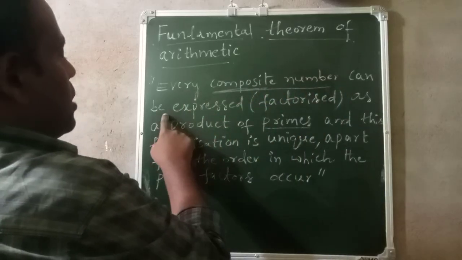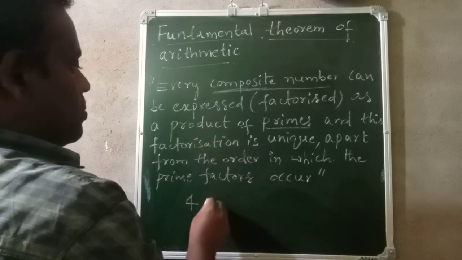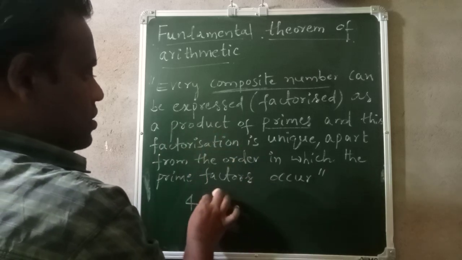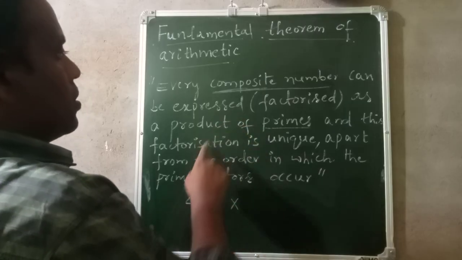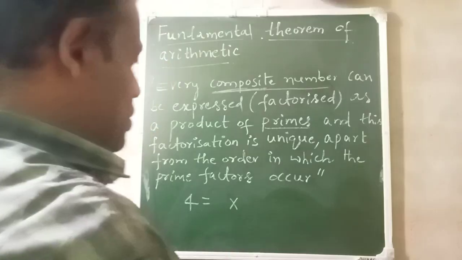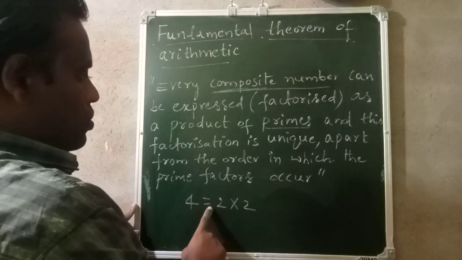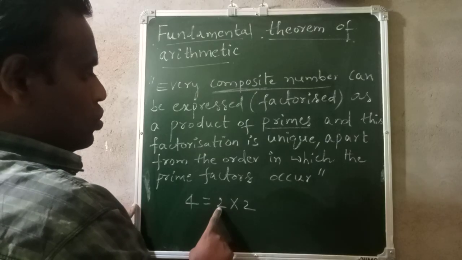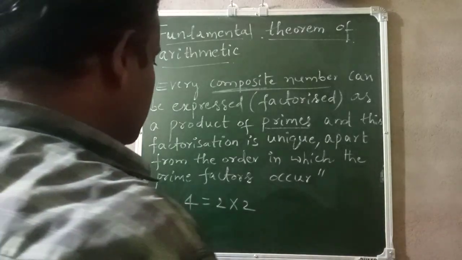Every composite number can be expressed or factorized as a product. Product means multiplication, so it is a product of primes. Primes means I said 2 is a prime number. See, 4 can be written as 2 into 2, right? 4 is equal to 2 into 2, because 2 twos are 4.